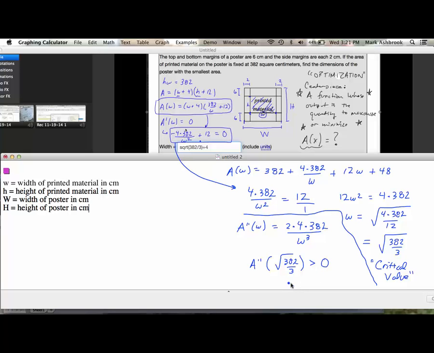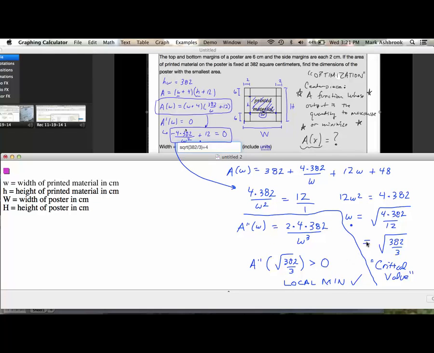And that is what confirms local min. In other problems, you may not be able to just observe it. You may have to actually take that value, plug it in, and figure out whether it's positive or negative. But here it's very easy to see that a positive w will give a positive second derivative. So we do have a local min.